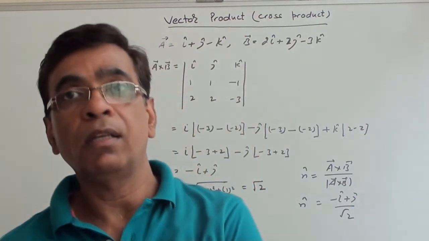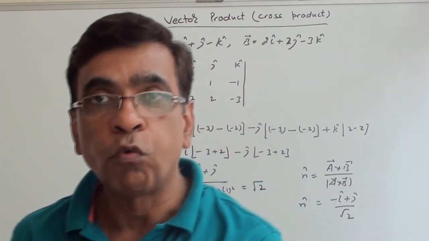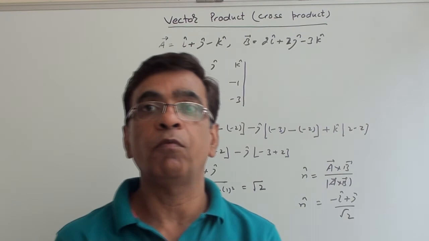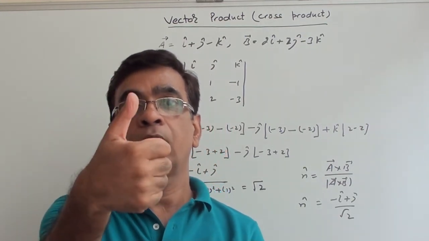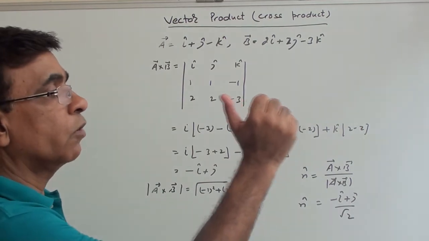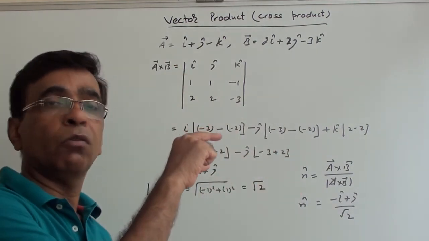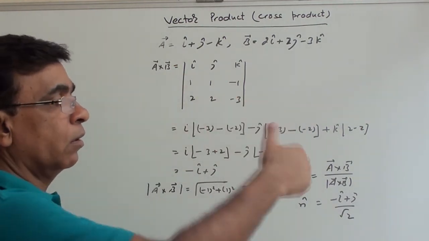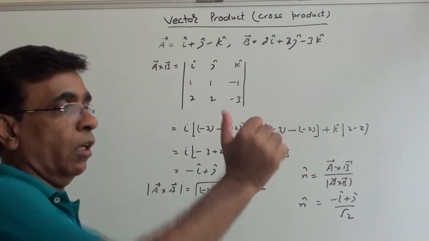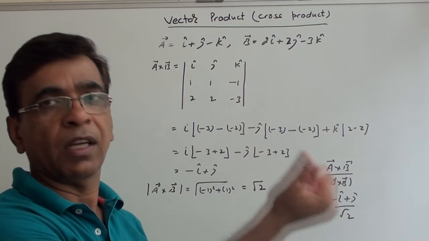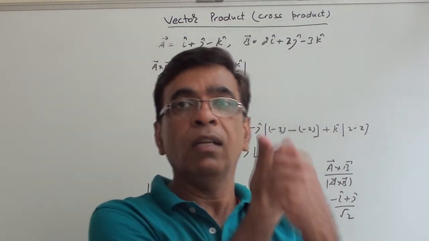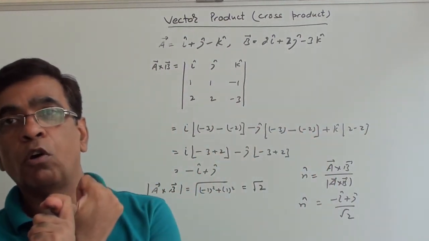So A cross B is AB sin theta multiplied by n cap. To find out the direction of n cap, we use right hand screw rule. I have told you to turn your fingers like this. Move your fingers from first vector to second through the smaller angle. But turn like this only.